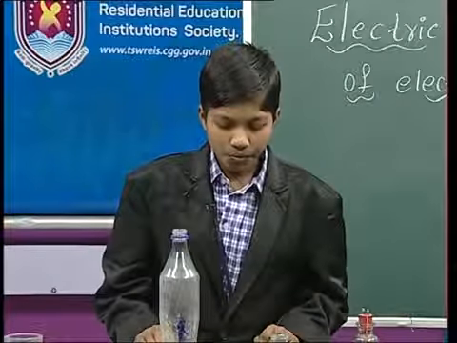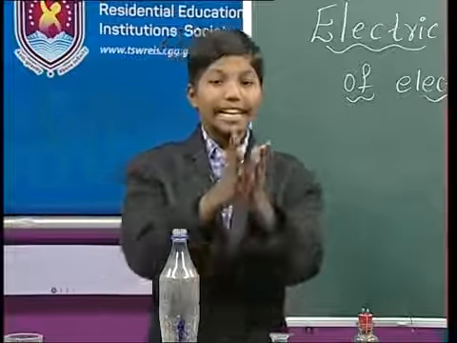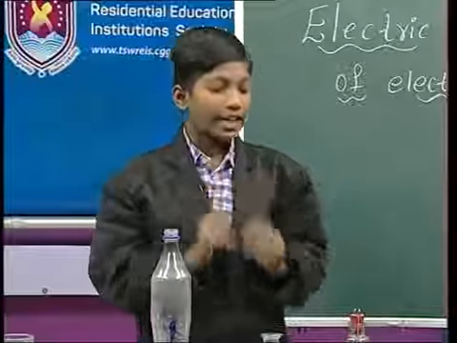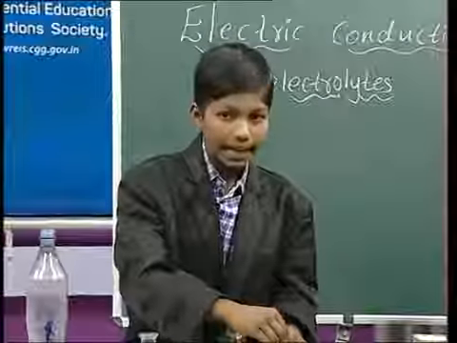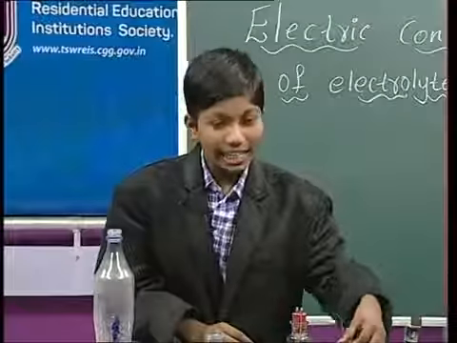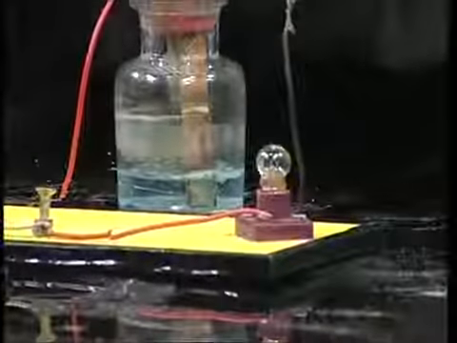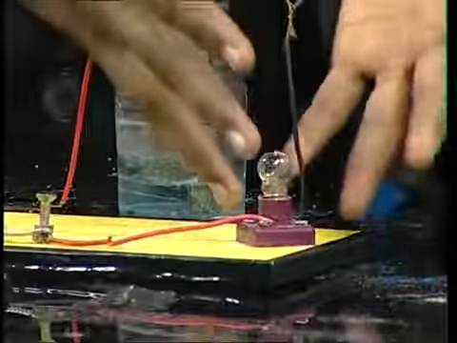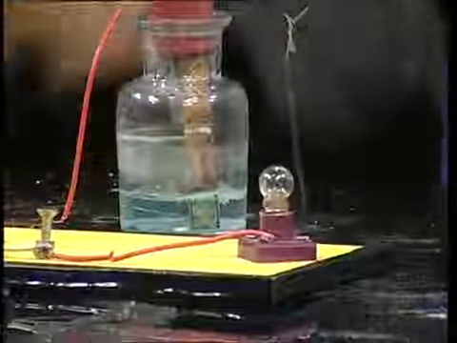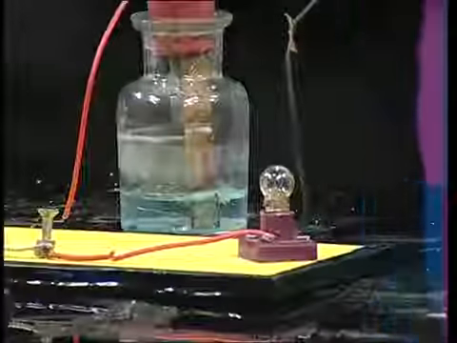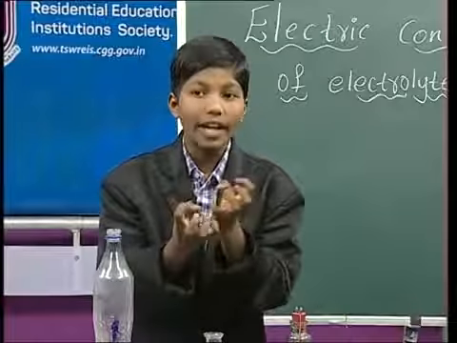Why do we use LED in the tester instead of a bulb? Yes, friends, it is a beautiful question. An LED bulb is a small instrument which glows easily. If we use a big bulb instead of an LED, that bulb will take more electricity.